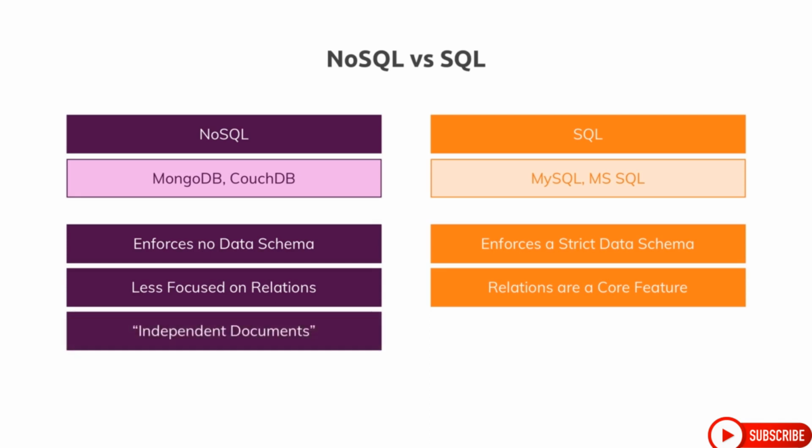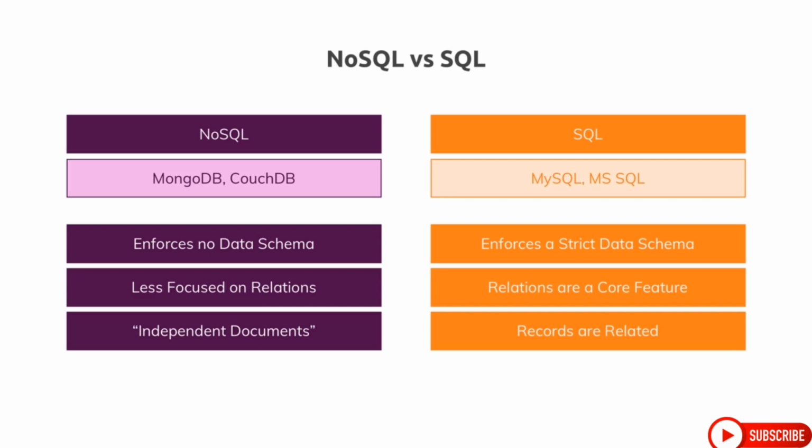We also have independent documents, whereas in SQL, records tend to be more related. And that really is just the summary of that data schema and relations thing I already mentioned. So documents simply are more on their own. They can be related, but they don't have to. They can follow a certain schema, but they don't have to.